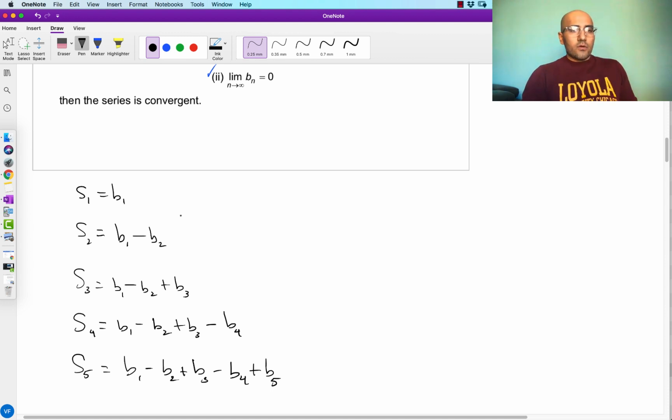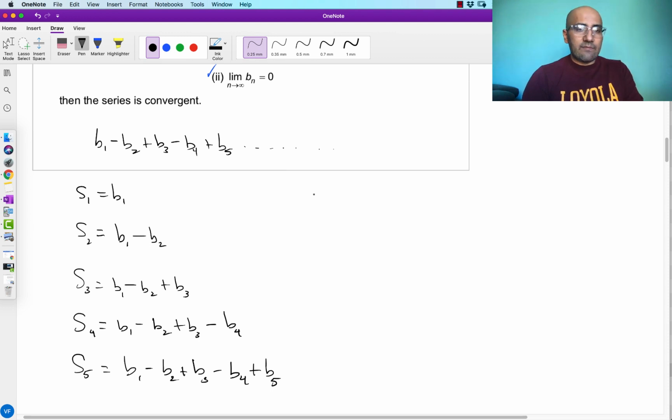Okay, and so this is where these two conditions have been satisfied, right? So we're given some sort of sequence. It's alternating, so we know that we have b sub 1 minus b sub 2 plus b sub 3 minus b sub 4 plus b sub 5, dot dot dot, forever, right? So we're looking at the sequence of partial sums.